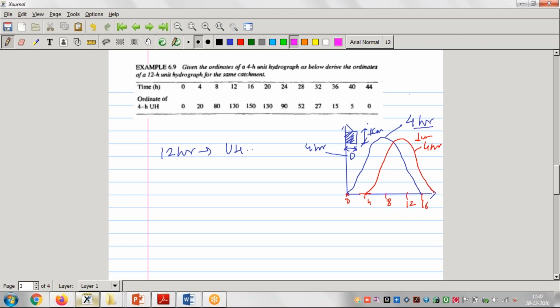Now if I draw the same graph again, lagged by 8 hours, it will start after 8 hours, somewhere here. Why am I taking this graph? Because at the same point I cannot take it, since it will overlap exactly.